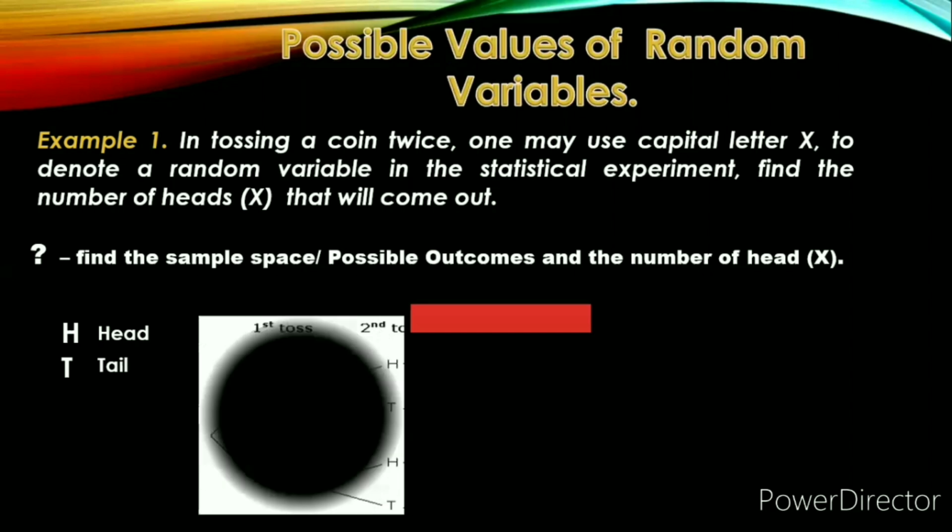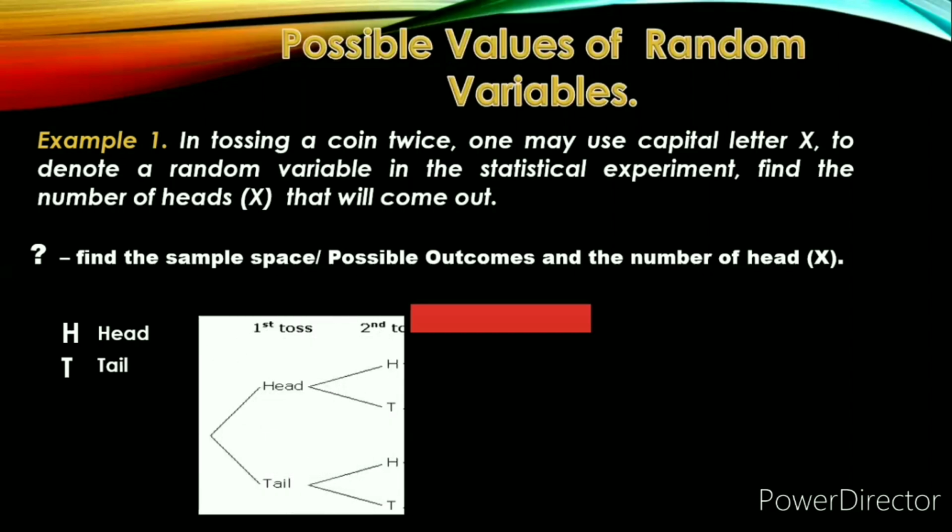Since isa lang ka coin, as you can observe, we have first toss and second event. Kaya dalawa lang pwedeng toss ang coin. As you can observe here, we have head and tail. Okay. We have head and tail. Pagkatapos for the first toss, we have head and tail here.